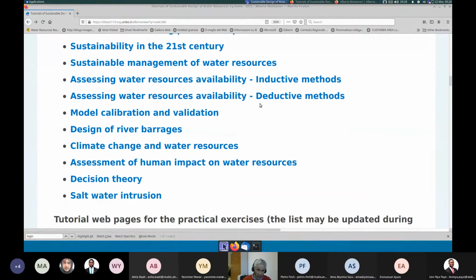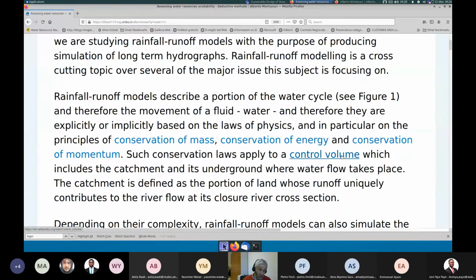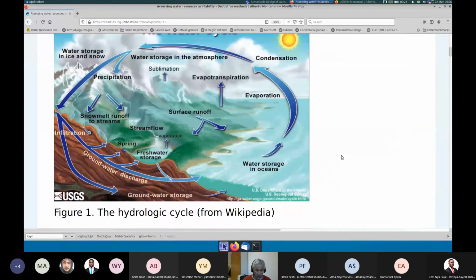And if we look at this lecture, which is dedicated to rainfall runoff modeling first, because we are now focusing on surface water. You know that our main sources of water are from surface water and from groundwater. So now we are focusing on surface water.